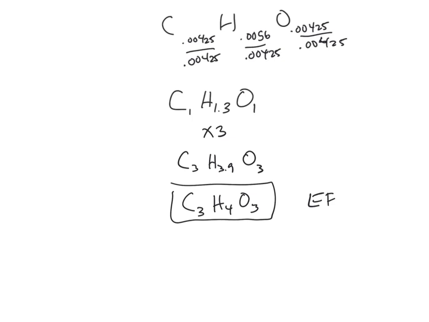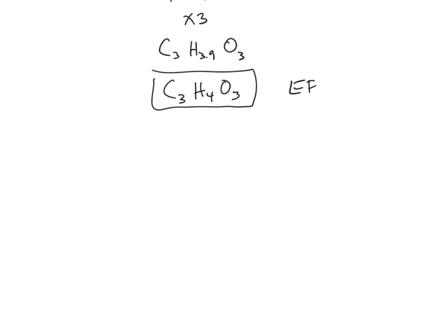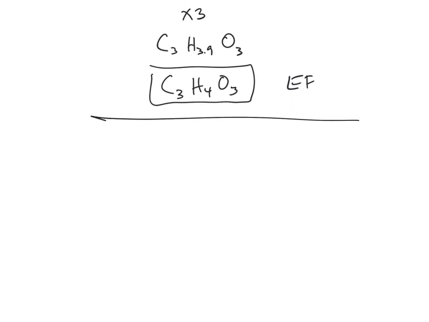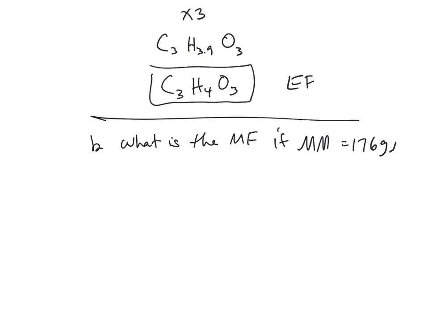the molar mass was, that's part B there, the molar mass was 176. So part B here, what is the molecular formula if the molar mass is 176 grams per mole?